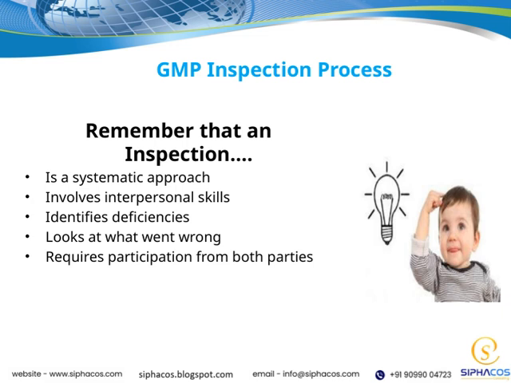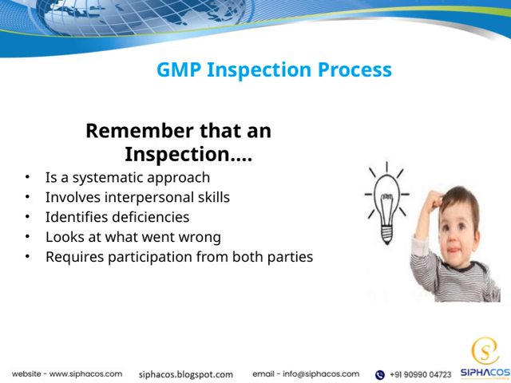Inspectors also look at what went wrong. This helps us understand the root causes of issues, rather than just addressing symptoms. And importantly, inspections require participation from both parties, meaning both the inspector and the person being inspected need to work together. This collaboration fosters transparency and leads to better outcomes.